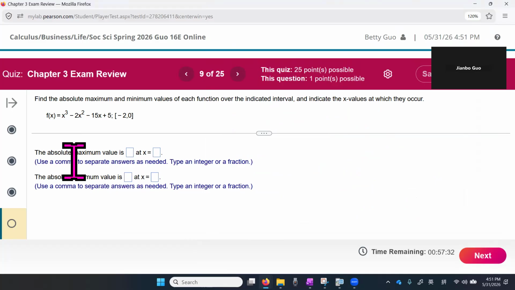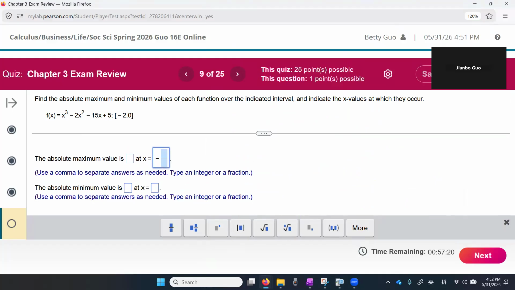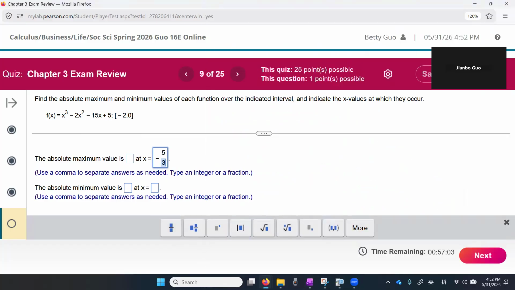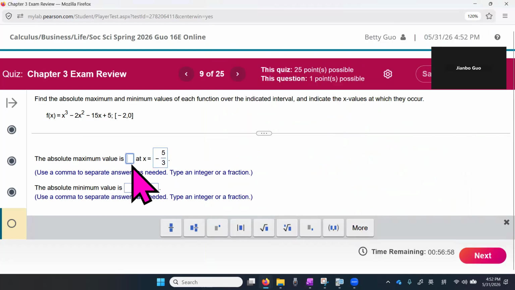The absolute maximum is at x equals negative 5 over 3. The maximum value is 535 over 27.